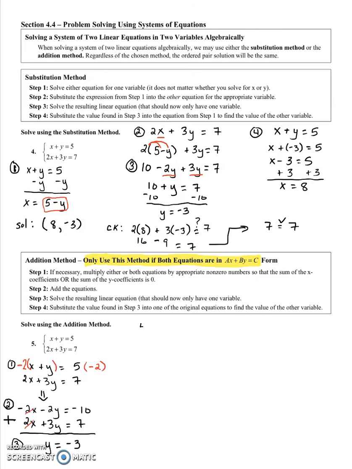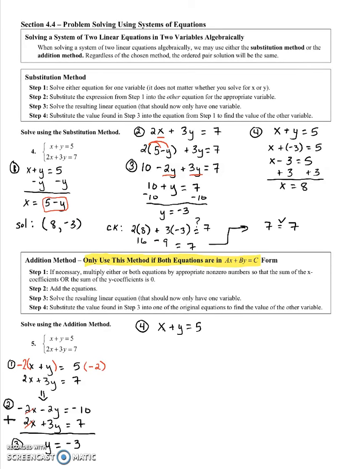So step 4, we substitute. We're going to plug y equals negative 3 into either equation. I'm lazy, so I'm going to plug it into the first equation because it looks like it's going to be less arithmetic. We have x plus y equals 5.